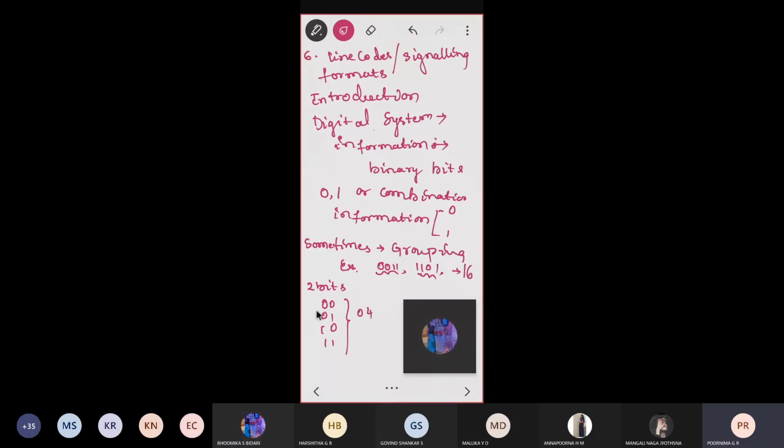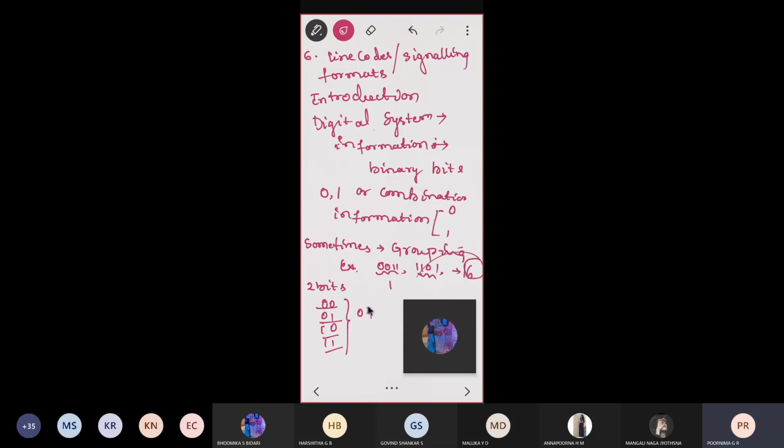My binary information I may transmit in the form of zeros and ones, or sometimes in the form of grouped bits. If I group 2 bits, the total combinations I can transmit are 00, 01, 10 or 11. If I go for 4 bits, I get 16 combinations.